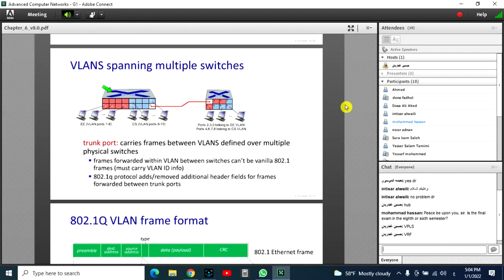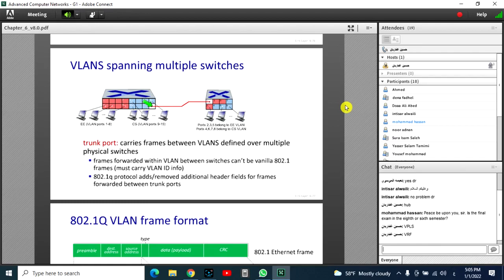Firstly, I have defined the CS VLAN inside my network and the CS VLAN in that far network in the EE department. I'm defining some ports for CS in that remote department, and then I'm using a special port.